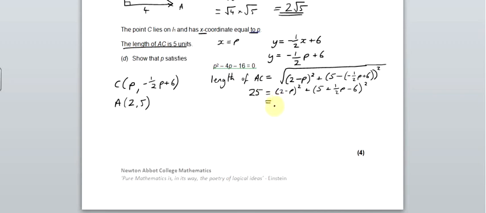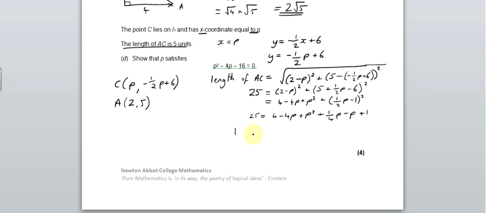This one here is going to multiply out to 4 minus 4p plus p squared, and this one, still simplifying, 5 minus 6, so it's going to be a half of p minus 1 squared. So we've got 4 minus 4p, so 25, don't forget, plus p squared plus a quarter p, and then it's going to be minus p plus 1.